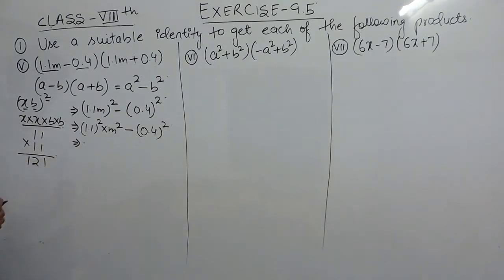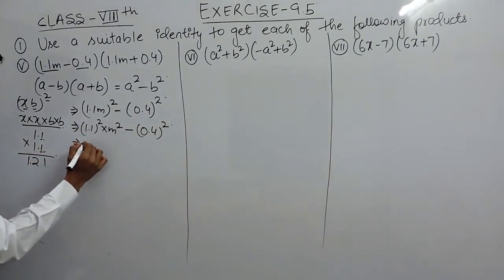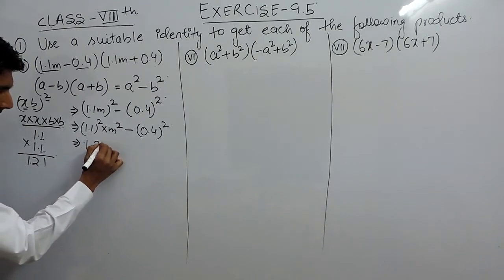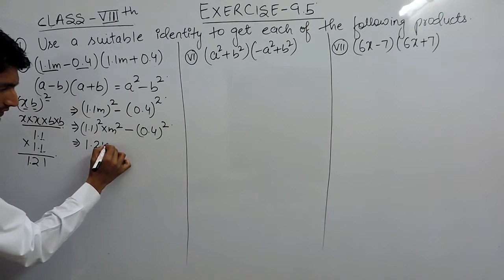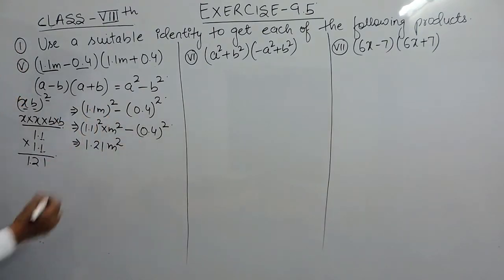Now we can count the decimals. This has 1 decimal and this has 1, so 2 in total. We count the digits on the right hand side of the decimal: there are 2 digits, so we count from the right 1, 2 and place the decimal right here. So 1.1 raised to power 2 is equal to 1.21 m square.